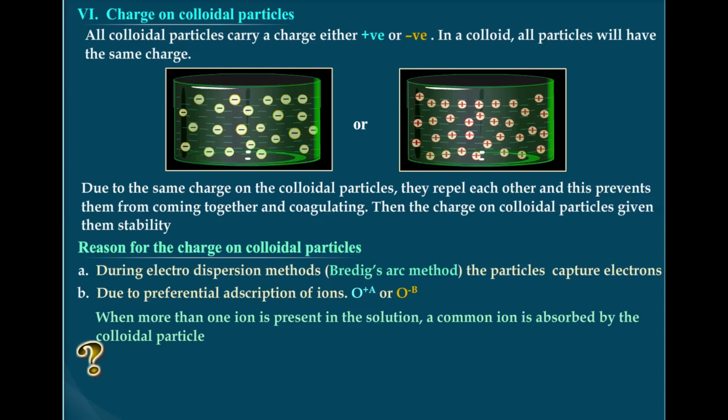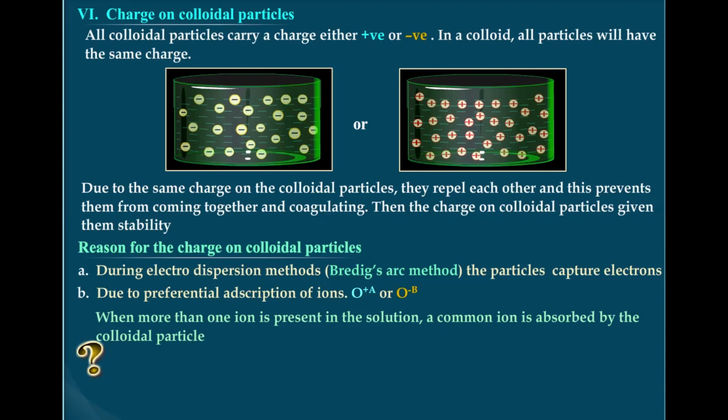Since there is a separation of charge, the charges of opposite signs on the fixed and the diffused parts of the double layer result in a difference in potential between these layers. This potential difference between the fixed layer and the diffused layer of opposite charges is called the electrokinetic potential or the zeta potential.